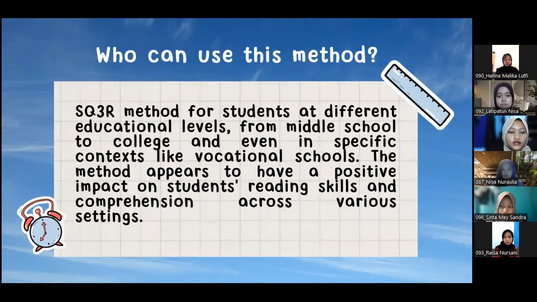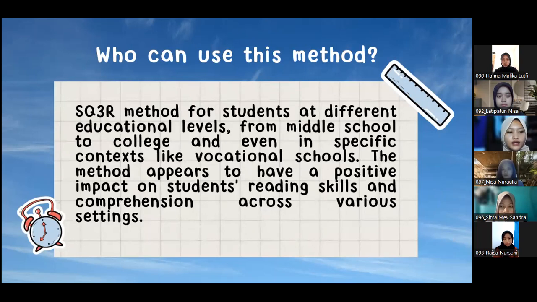So next, we have a question: who can use this method? The SQ3R method can be used for students at different educational levels, from middle school to college, and even in specific contexts like vocational schools. The method appears to have a positive impact on students' reading skills and comprehension across settings.